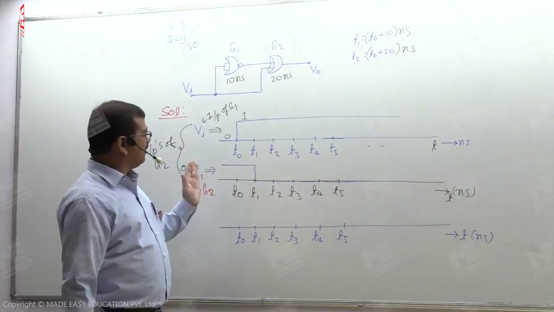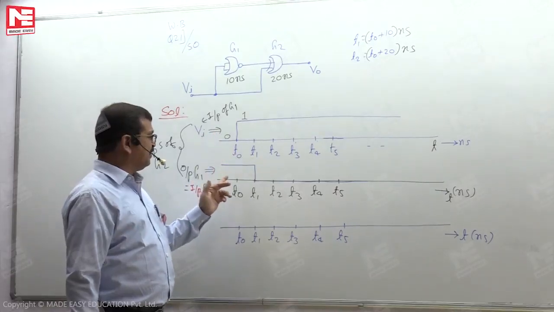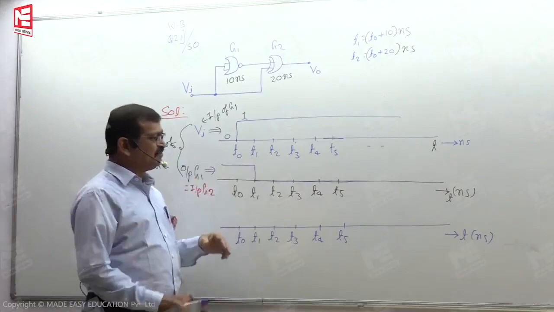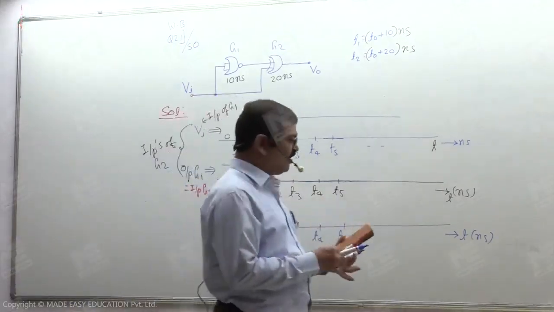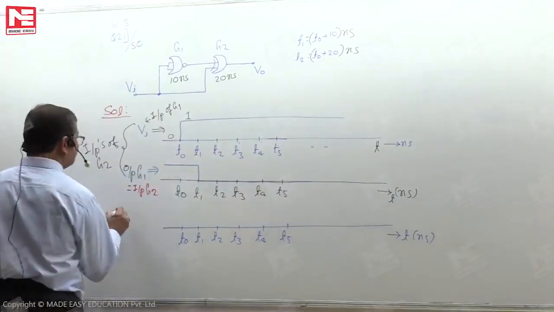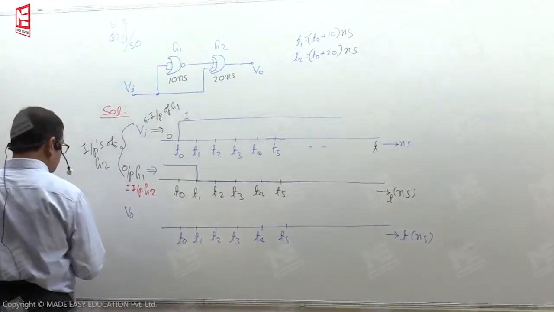So here we are looking before T0. If you look, one input is 0, the other input is 1. At T equal to T0, we see an input changing to 1. So because of this, you need to pay attention to draw the waveform. This is the waveform I'm talking about, V0, the gate G2 output.